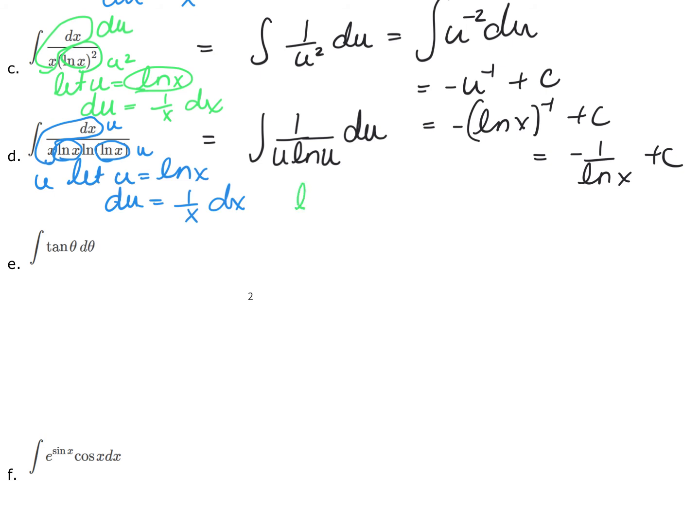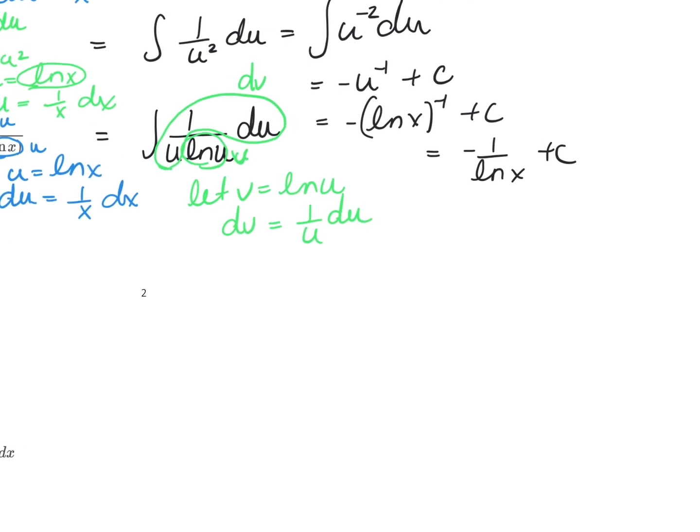Let's say let v equal the natural log of u. That means dv is going to be 1 over u du. Oh, well, look at that. This 1 over u du is dv. This becomes v. And so let me erase this to get it out of the way.